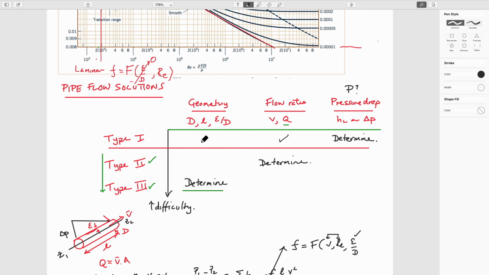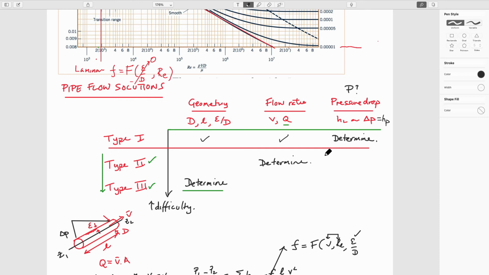You know the diameter and length of the piping and what it's made of, so you know this. And you want to know what the head loss is, or I guess you'd also want to know what the pump magnitude would be. Those would be the parameters you want.